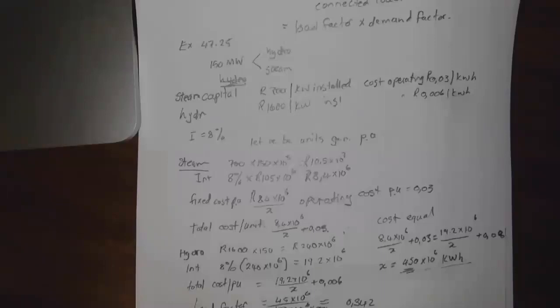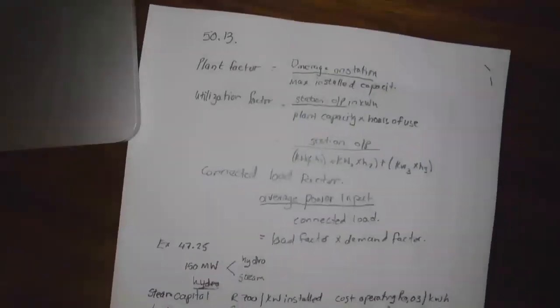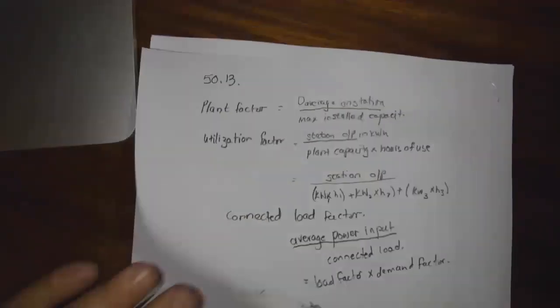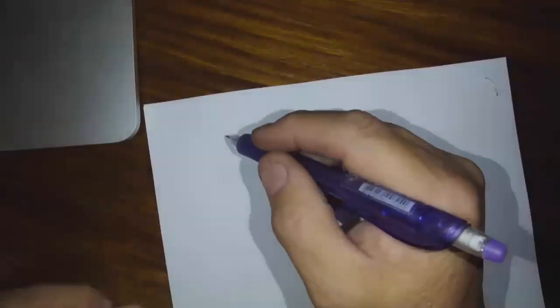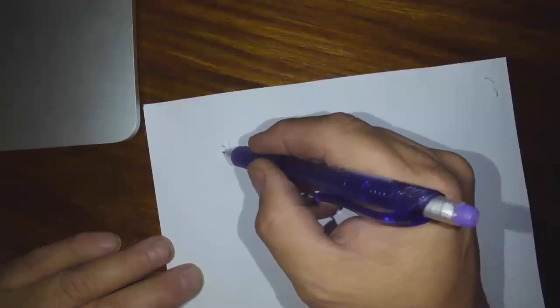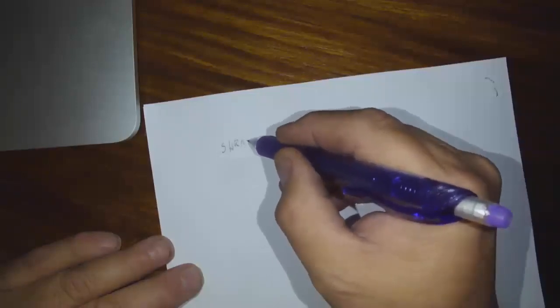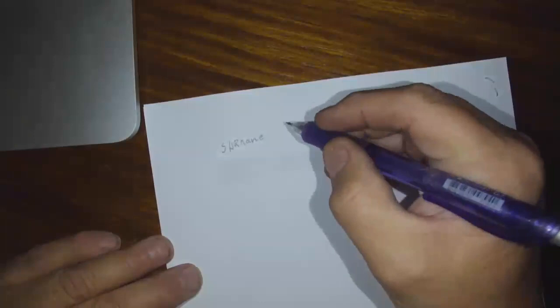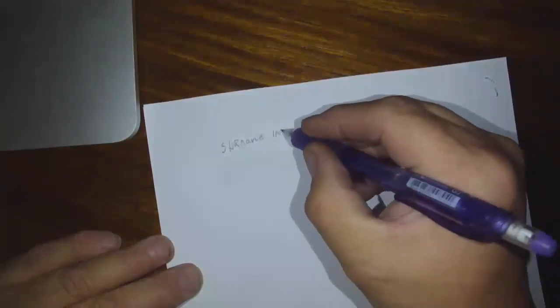Right. Now I see some of you people think I'm making fun when I say you don't put your names on. But when you do the PDF file, you put your surname and your initials.